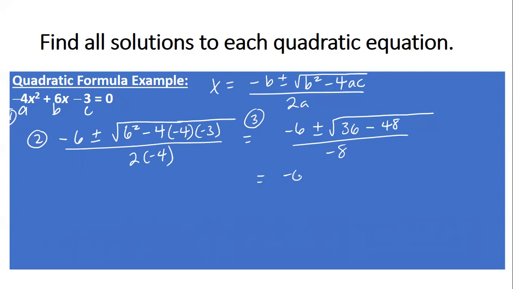And we have -6 plus or minus the square root of -8 divided by -8, which equals -6 plus or minus 2i square root of 2, all over -8.